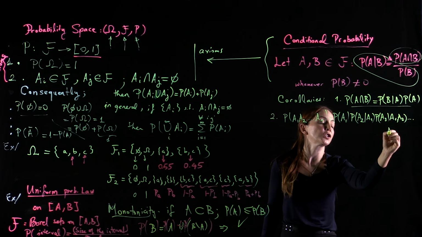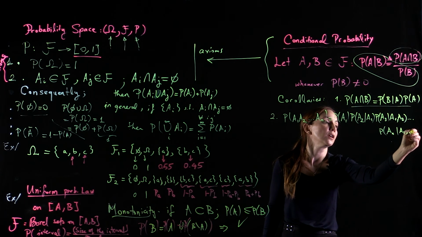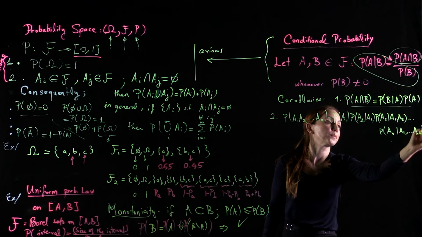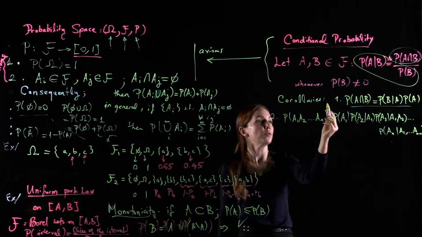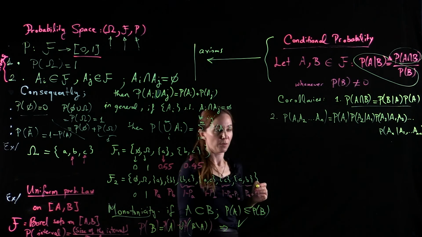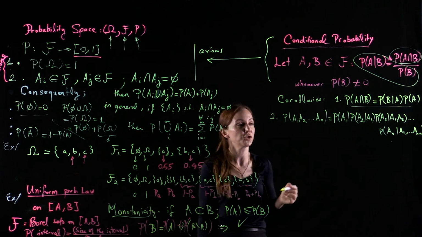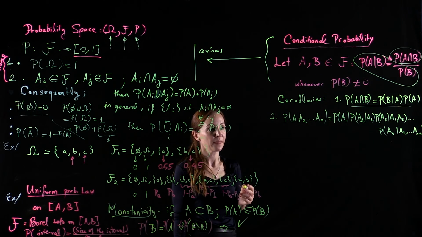And the multiplication would go until the probability of the last one conditioned on all the previous ones. And this trivially follows from the first corollary that we showed.